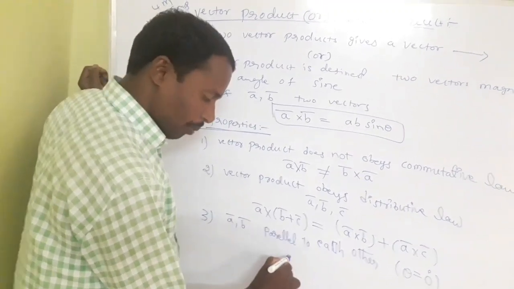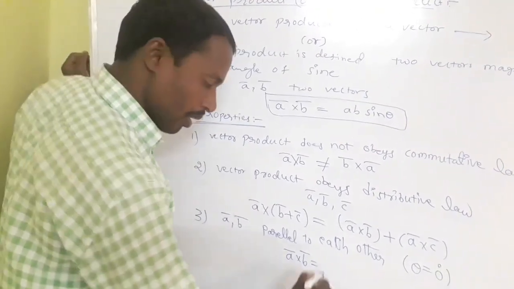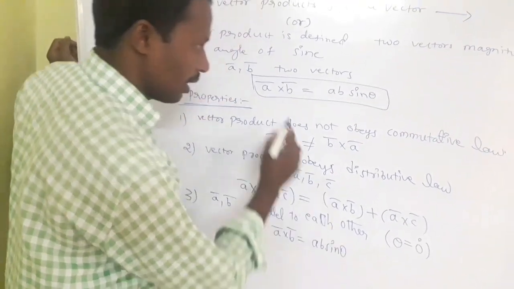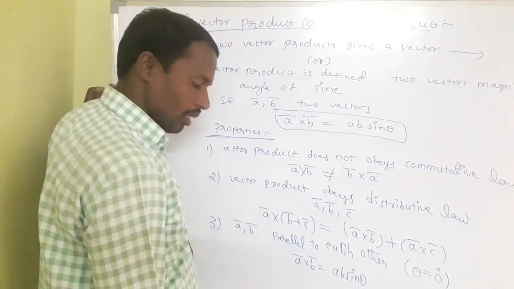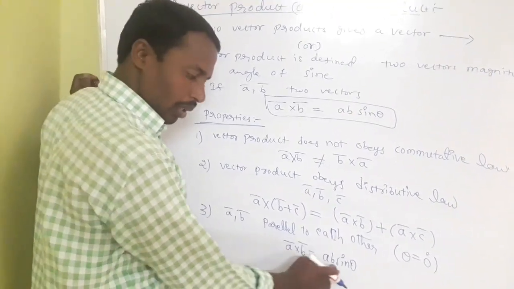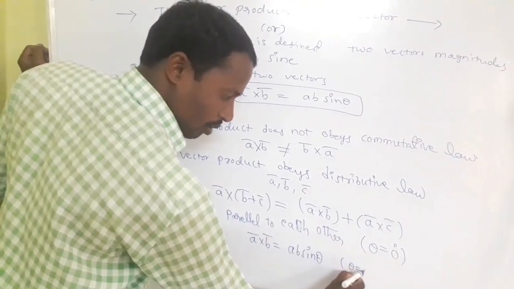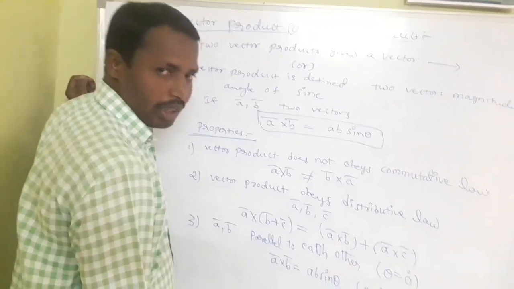Already we discussed in the definition, a bar cross b bar is equal to ab sin theta. Here also, theta is equal to 0 degrees, because the two vectors are parallel to each other.